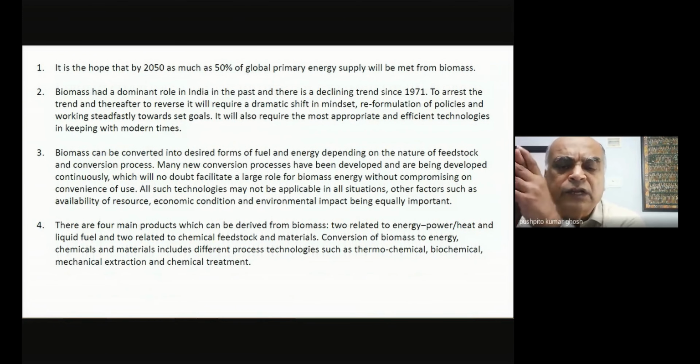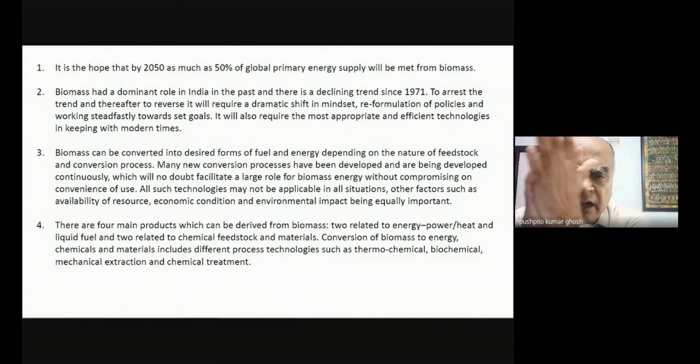Now we have covered the fundamentals of photosynthesis and biosynthesis. Now we will come to actually making use of biomass.